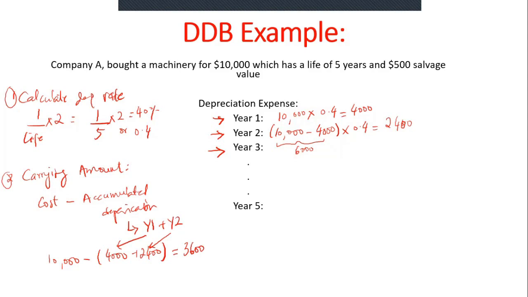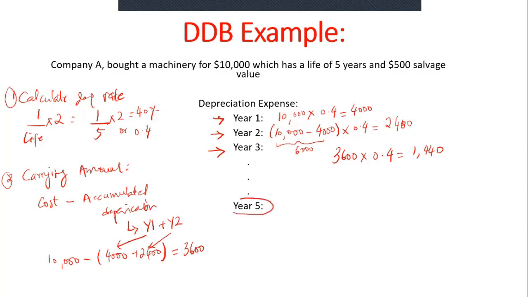Right, so we would have this carrying amount of 3,600. So 3,600 times 0.4 would give me the depreciation expense for year 3, and depreciation expense for year 3 would be 1,440.